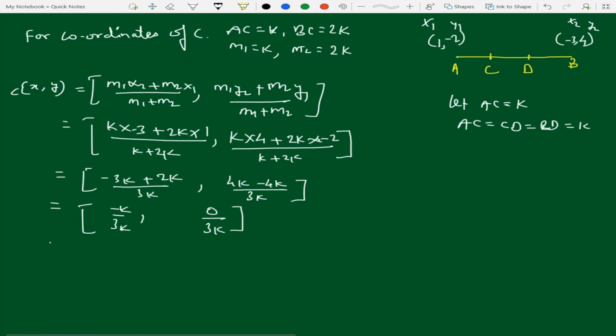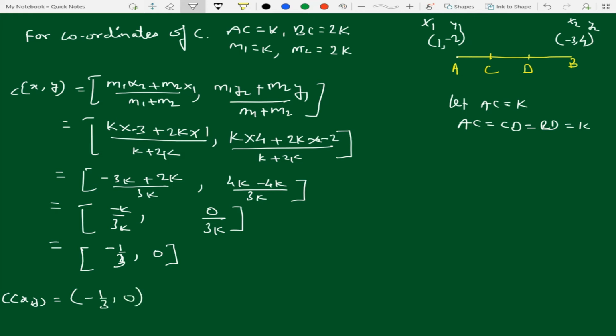So this will become -1 by 3, comma 0. So coordinates of C will be (-1/3, 0).